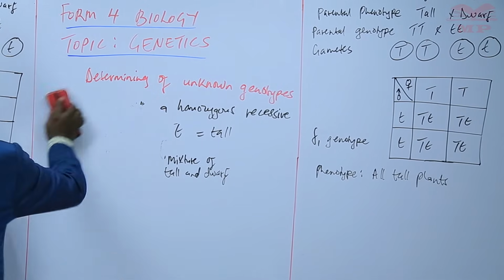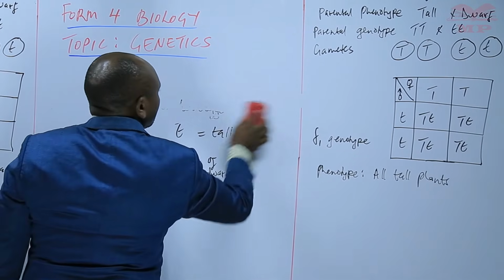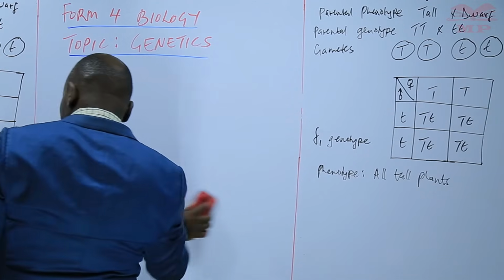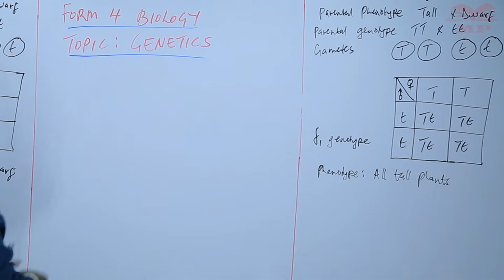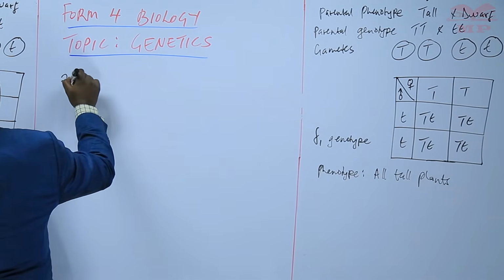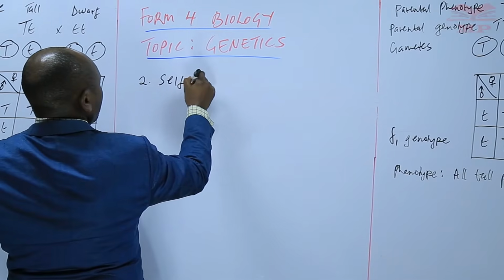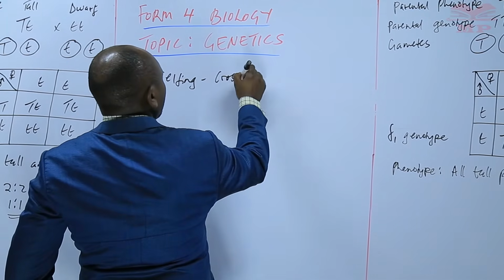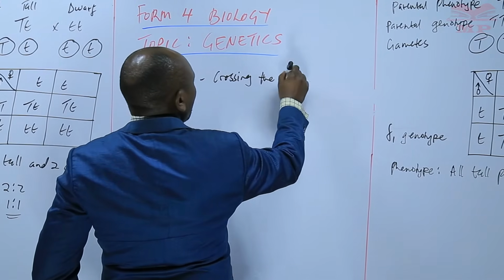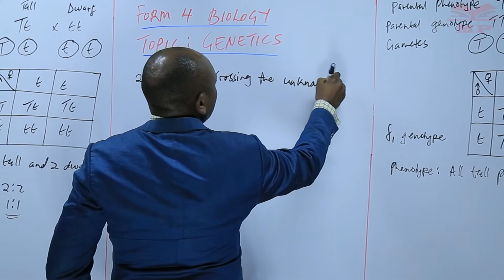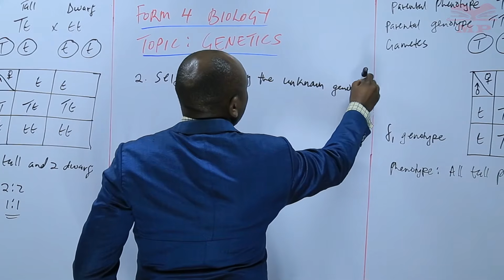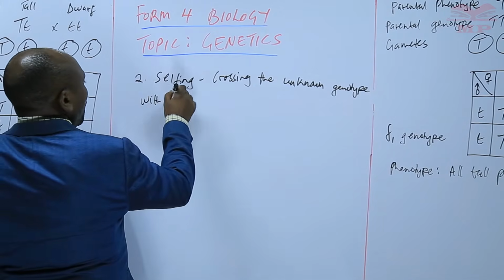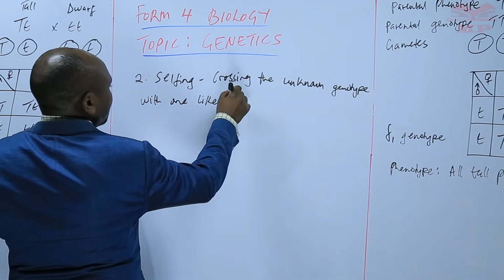The second way of determining the unknown genotype is selfing. And selfing is crossing the unknown genotype, whatever we are trying to investigate, with one like itself.